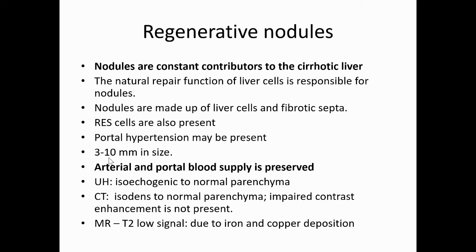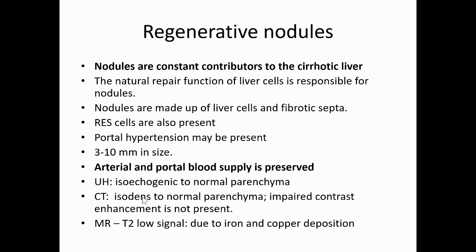And at this point, I think it would be very important to recall anatomy, and that normal liver parenchyma takes 2/3 of its blood supply from the portal system and 1/3 from the arterial system. So at ultrasound, these regenerative nodules are the same color as normal parenchyma, and at CT they are also the same as normal parenchyma.